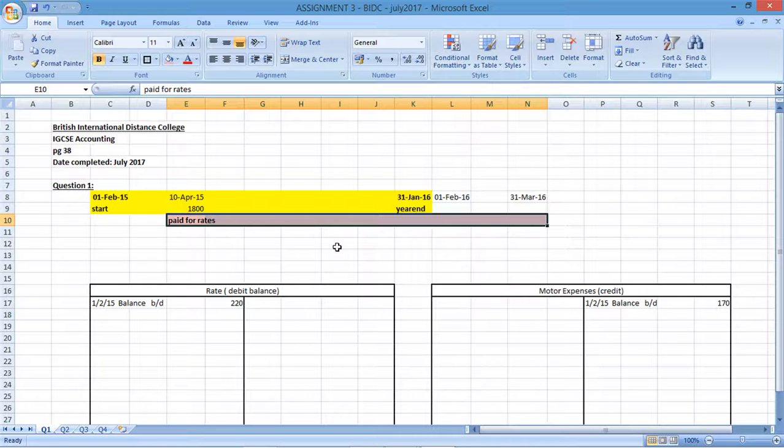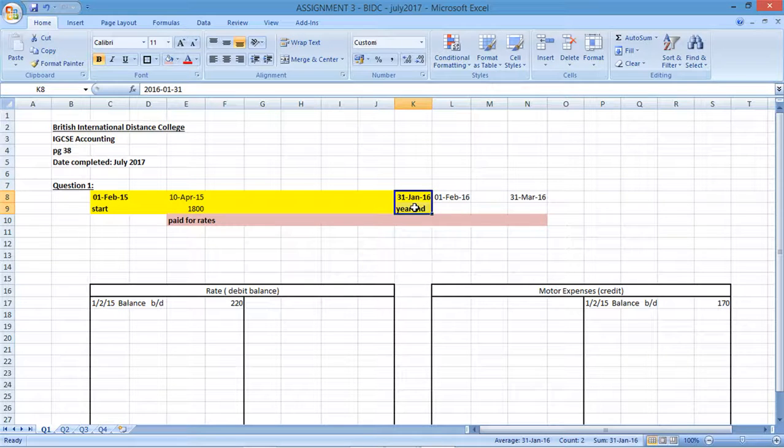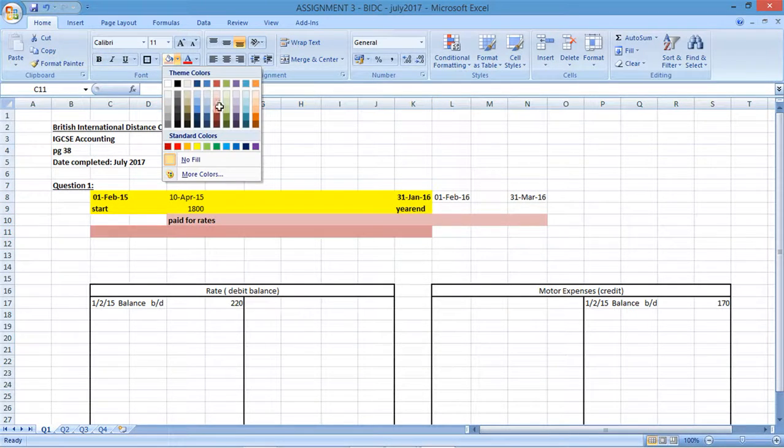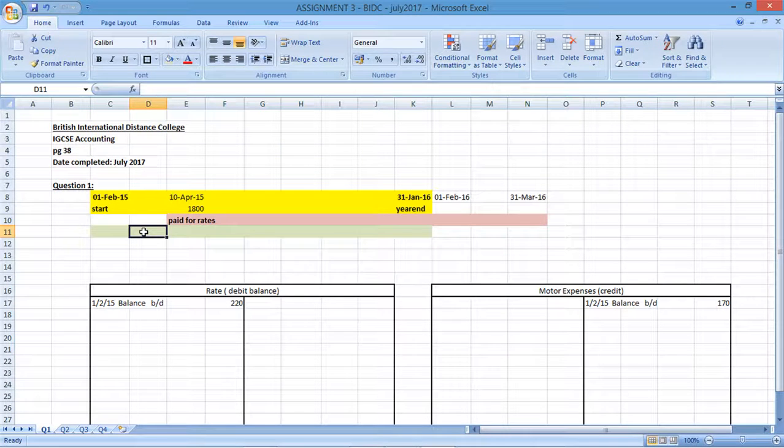For now, let's continue reading and let's draw the rest of the scenario. Then they tell us during the year ended 31st January 2016, so that year, Paul paid a total of 2,050 for motor expenses. So during this year, he paid 2,050 for motor expenses.